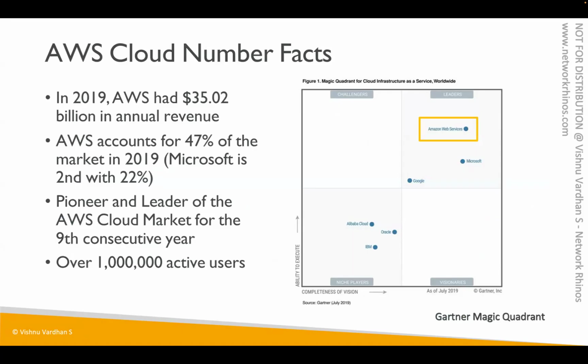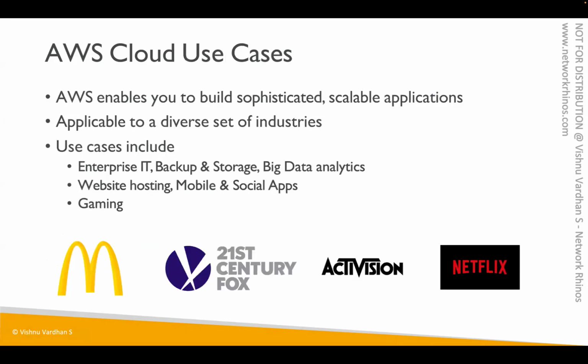When you compare the numbers of AWS with any other cloud service providers, you'll see AWS is highly used compared to Microsoft, Google, Alibaba Cloud and others. So if you are someone who is very new to cloud and you want to choose between one of these, you can choose AWS easily because more companies are using it. Okay.